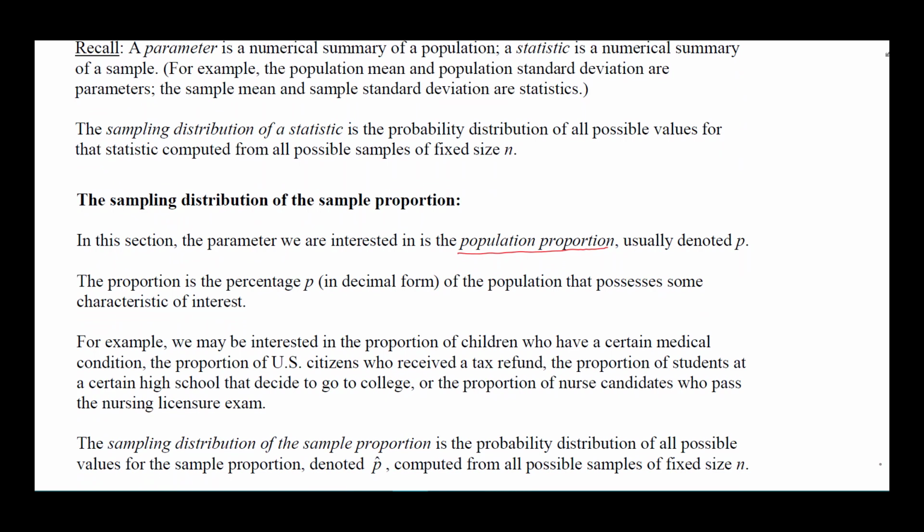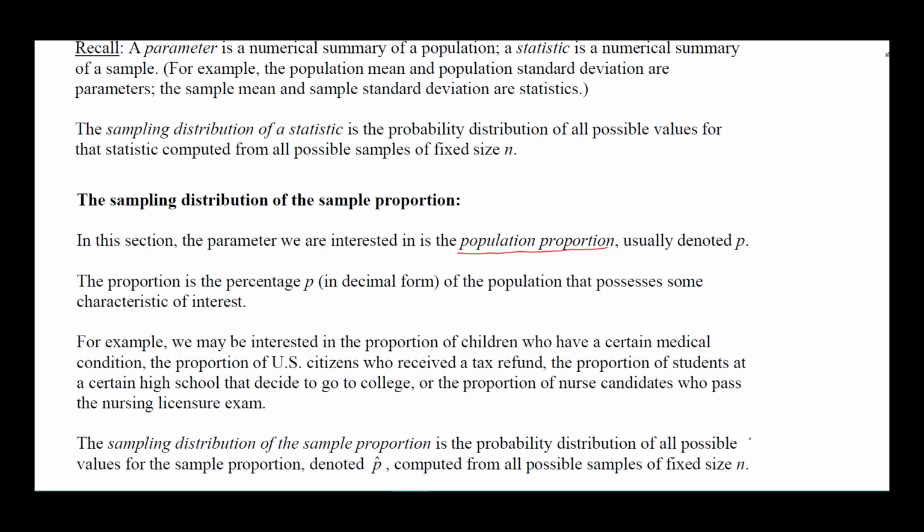For example, we may be interested in the proportion of children who have a certain medical condition, or U.S. citizens who got a tax refund. There are all sorts of things. U.S. citizens who are unemployed, so if the unemployment rate was 5%, that would be a proportion of 0.05. So those are examples of proportions that we might be interested in.